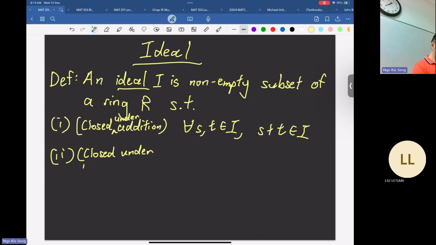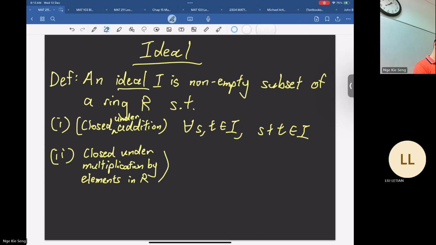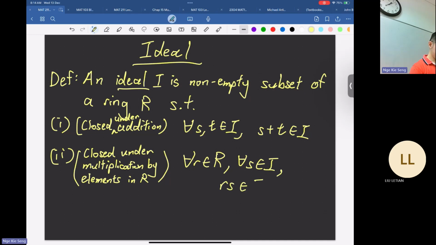Second, closed under multiplication by elements in R. Meaning if you take any element in your ring, and any element in your ideal, then R times x is still in the ideal.